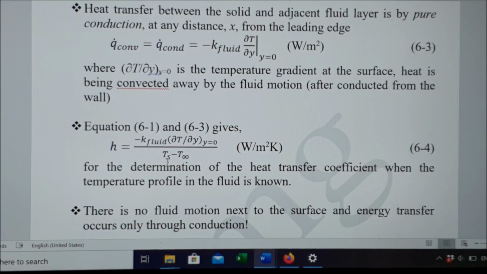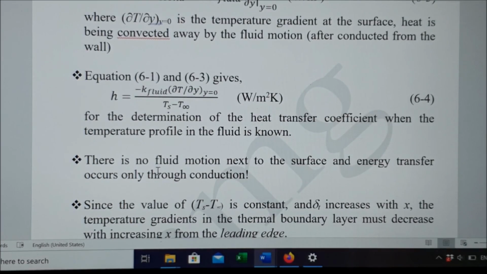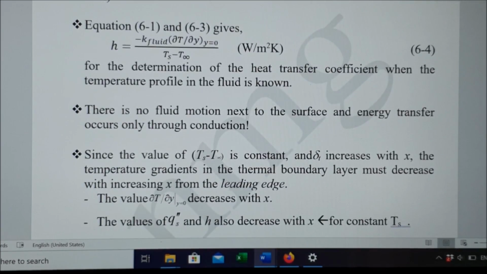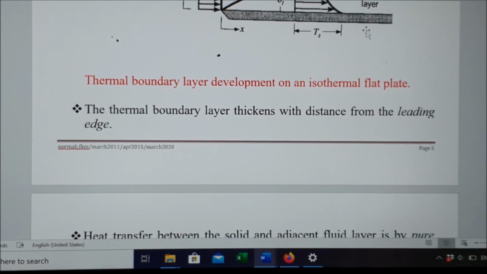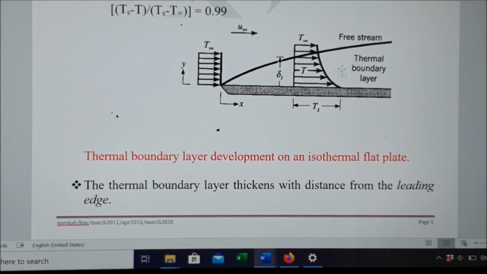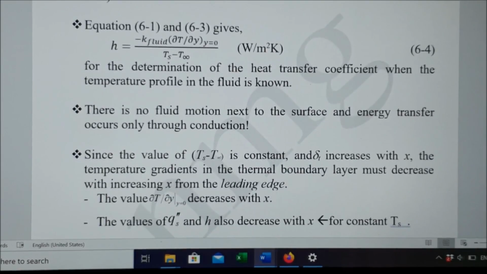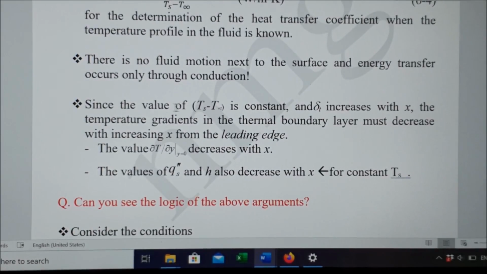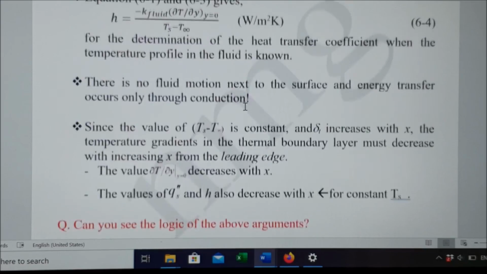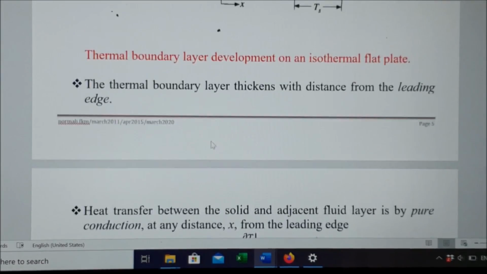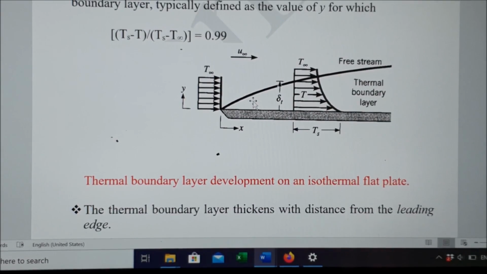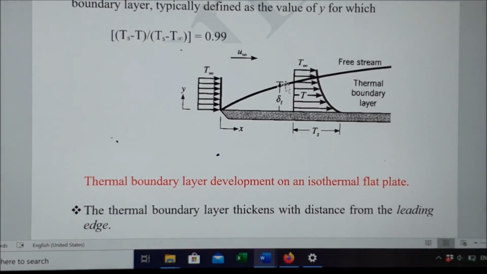But as the thermal boundary layer increases with x, the horizontal distance, the temperature gradient dT/dy must decrease with increasing x. The dT/dy here is large, and it is decreasing with x.